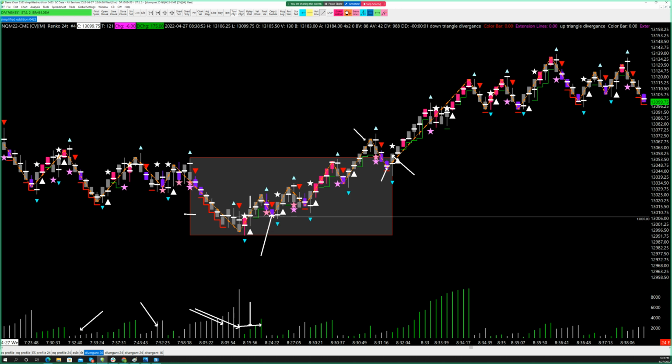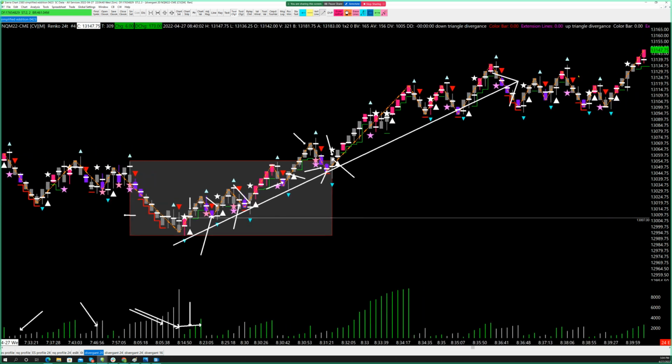Purple bar, star. Purple bar, star. Purple bar, POC above. Purple bar, star. All the way through there. You can stack that trade. That is like a picture perfect. Now, I don't trade at 8:30 in the morning, but that is a picture perfect look at what I want. Does that make sense? Yeah.